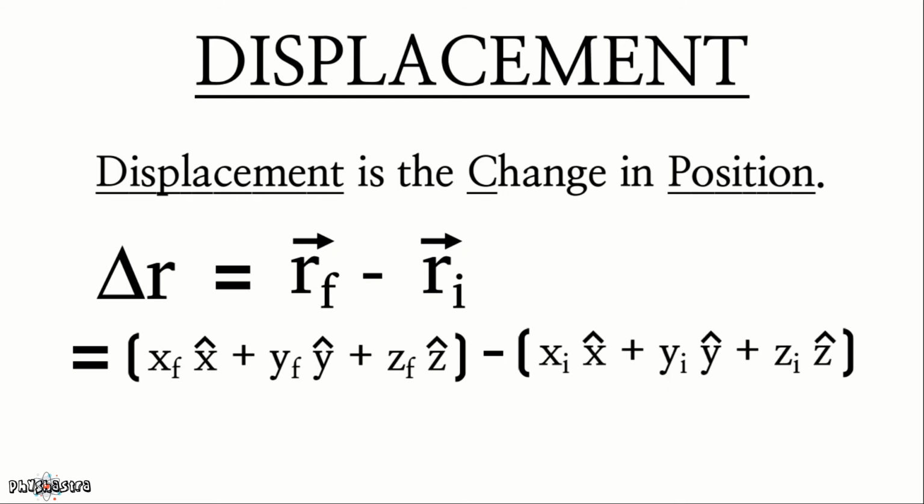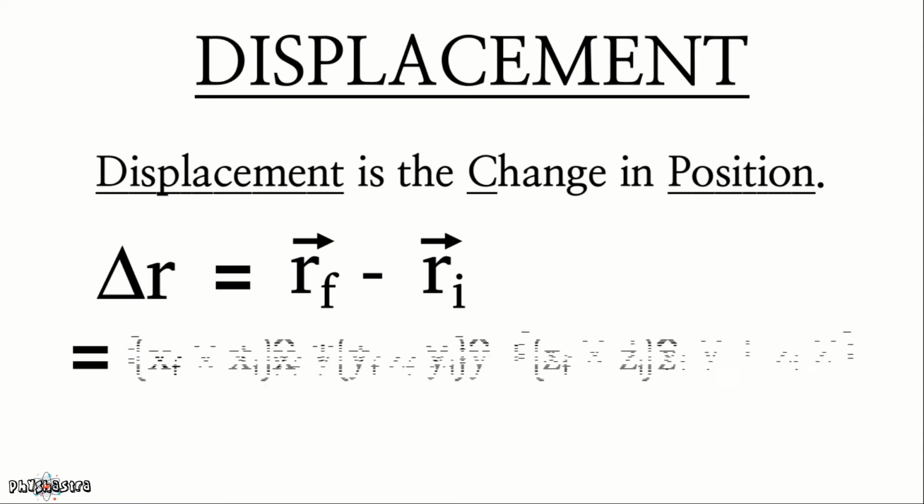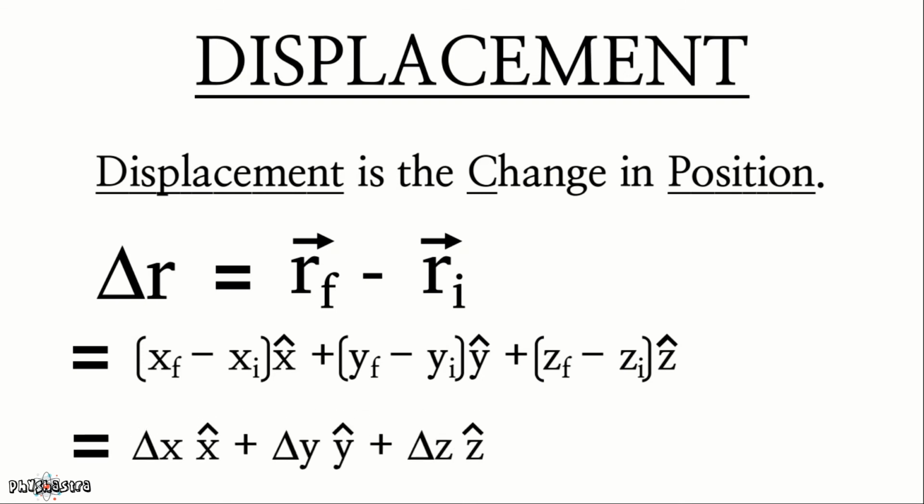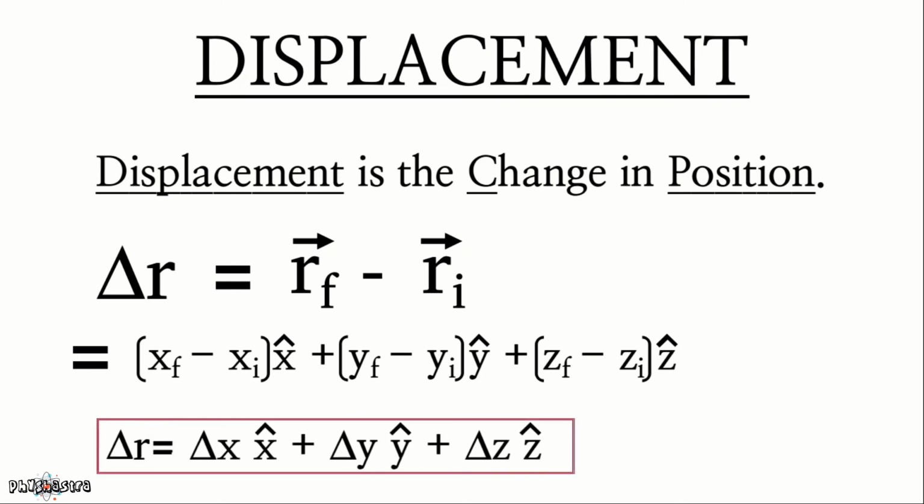Similarly for initial position with i being the suffix. Now when we find the difference, the change in position, delta vector r equals vector r sub f minus vector r sub i. And we can write the change in x position as delta x, change in y position as delta y, and change in z position as delta z.